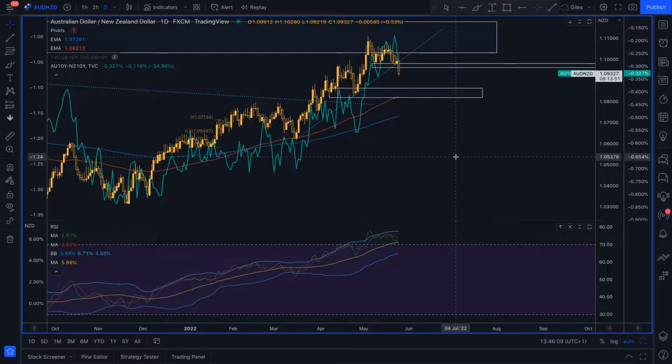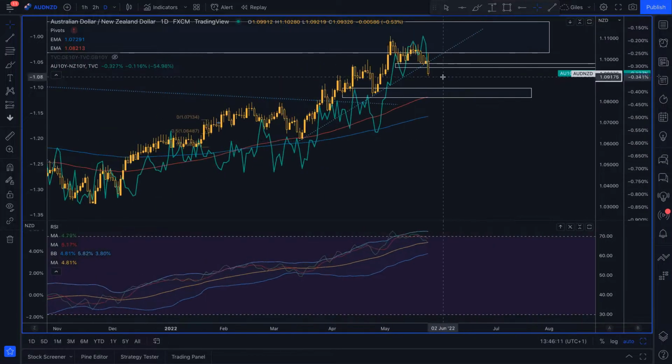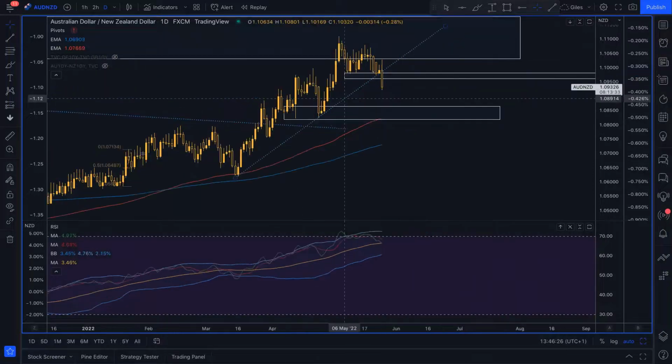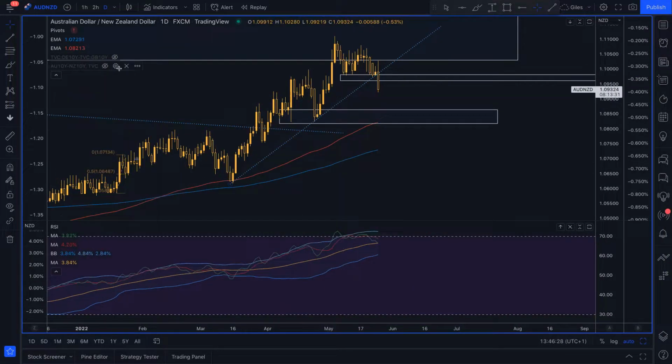After the RBNZ rate decision, you see that the bond yield spread has suddenly taken a sharp dive lower. That indicates the outlook has suddenly got better for New Zealand relative to Australia in terms of interest rate differentials. In other words, the New Zealand dollar should gain against the Australian dollar.